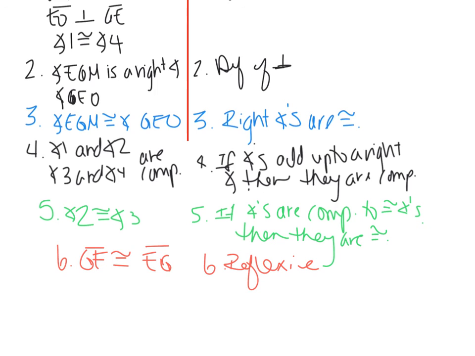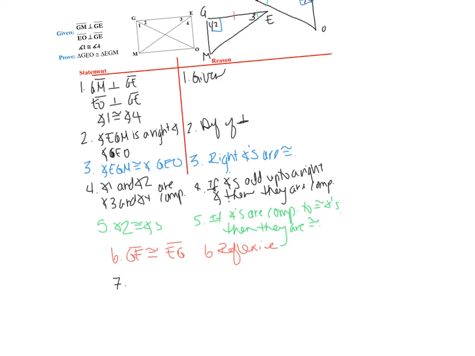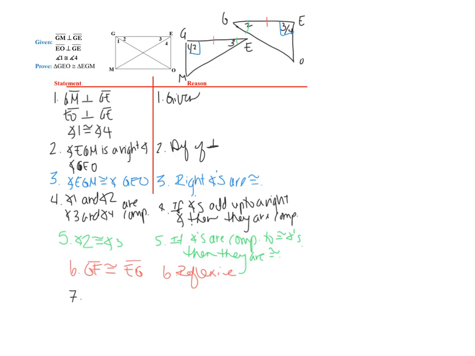And now I can say that these two triangles are congruent by ASA. So make sure that we follow order. So that's going to be triangle EGM is congruent to triangle GEO by ASA.